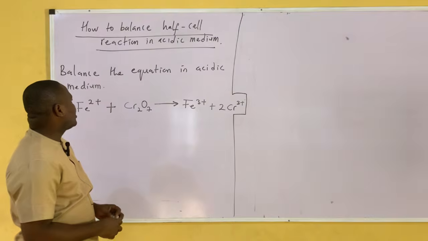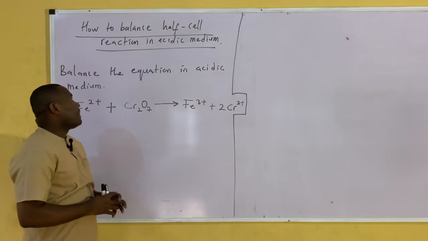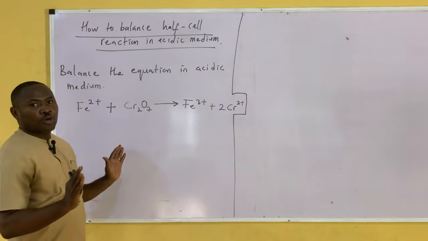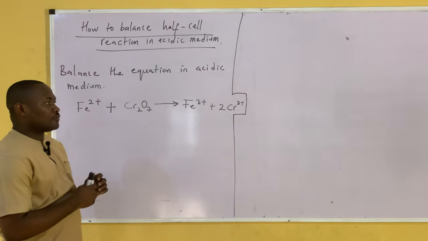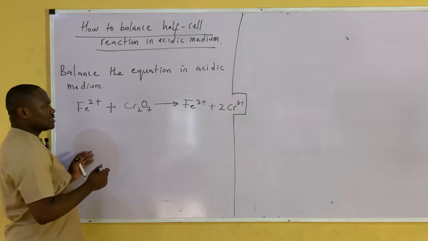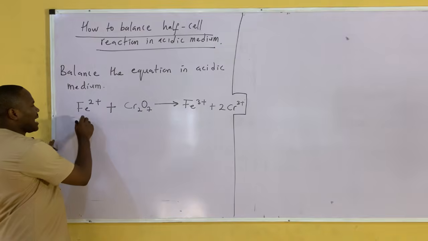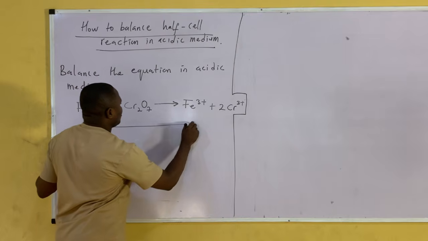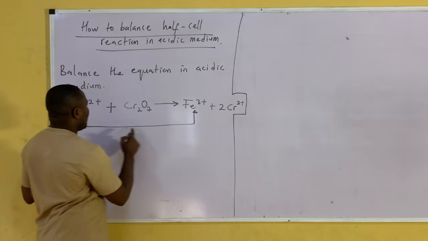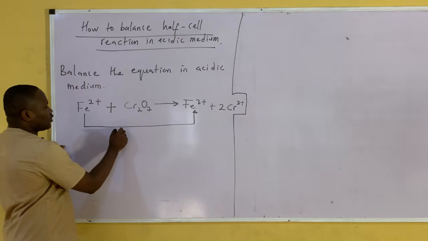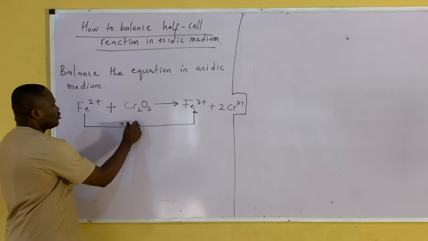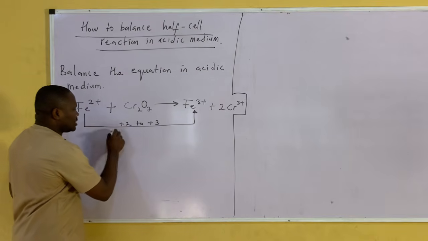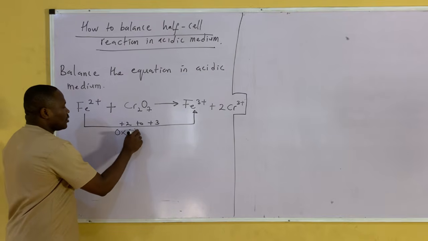Now let's look at this example. Balance the equation in acidic medium. Now, this one looks more critical than the ones we've been doing before. You realize that iron is changing from +2 to +3, meaning iron is undergoing oxidation.